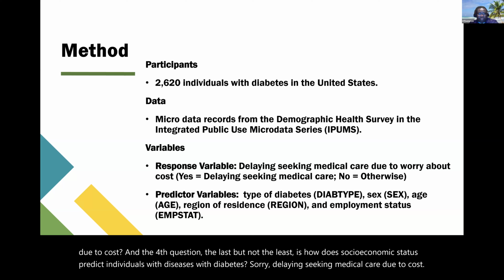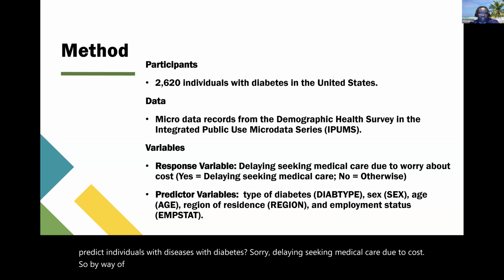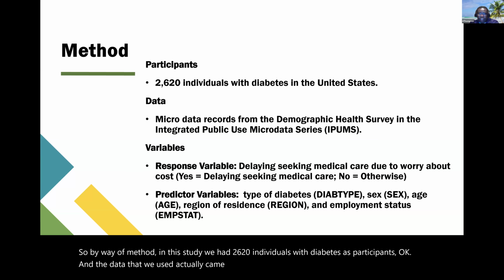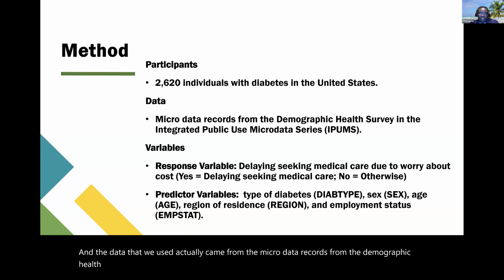By way of method, in this study, we had 2,620 individuals with diabetes as participants. The data that we used came from the microdata records from the Demographic Health Survey in the Integrated Public Use Microdata Series, and the acronym is IPUMS.